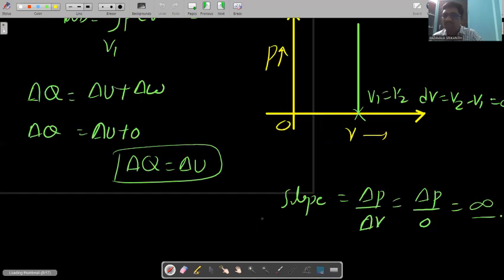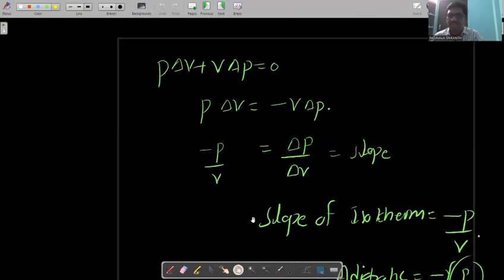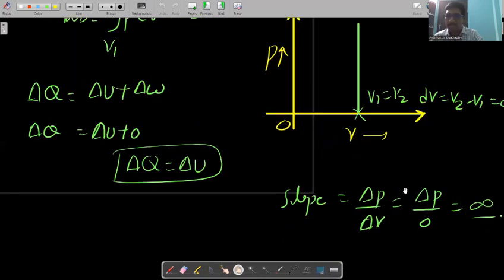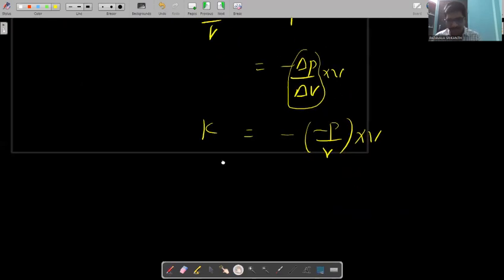What is the slope of the curve for the isothermal process? Just see, minus P by V. So minus of minus P by V into V. So K is equal to, minus minus gets cancelled, V V gets cancelled.